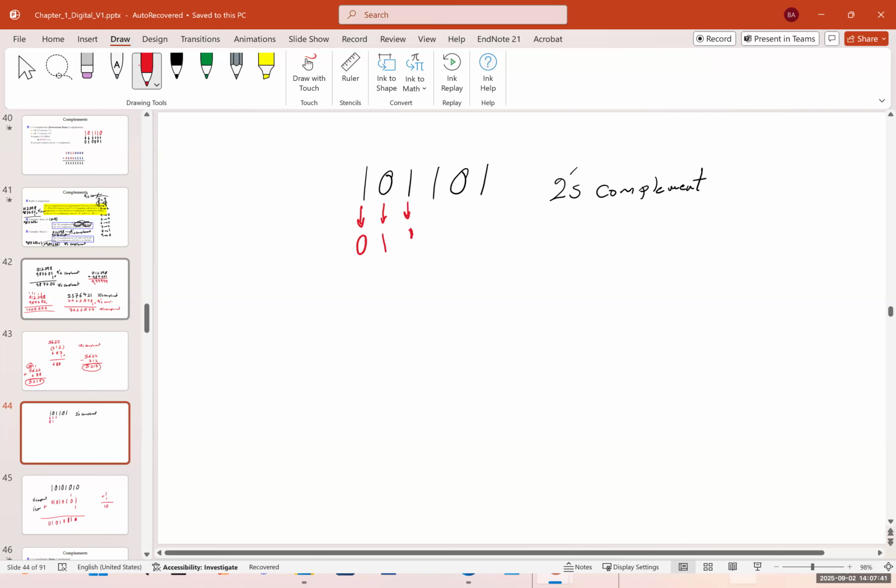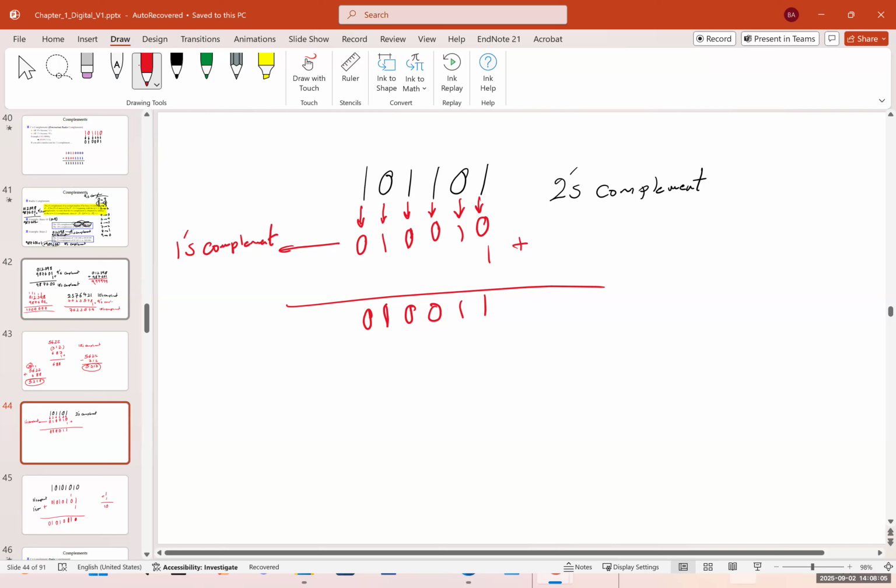So this is going to be 0, 1, 0, 0, 1, 0. And we simply add 1 to this. So this is its 1's complement. And now by adding 1 to it, I'm going to have 0, 1, 0, 0, 1, 1. Now this is its 2's complement.